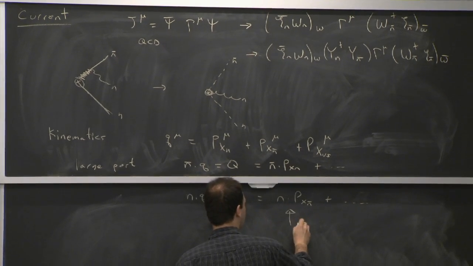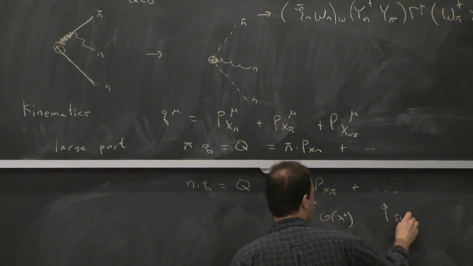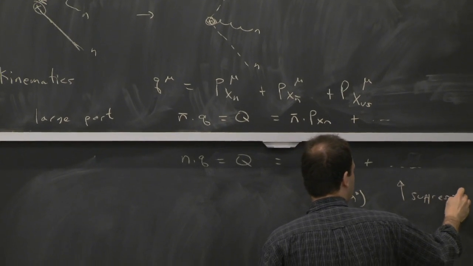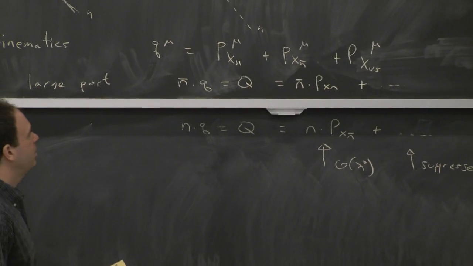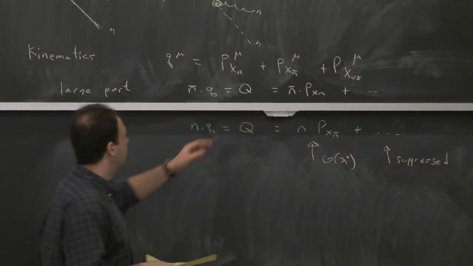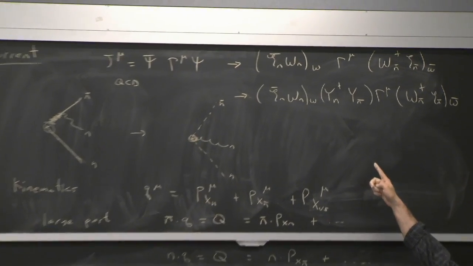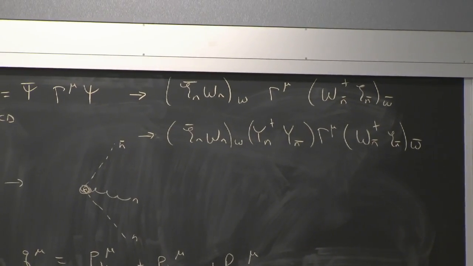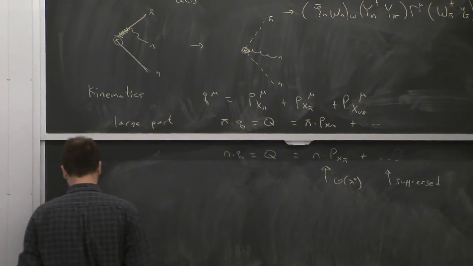So these guys here are leading order in the power counting, and these guys are suppressed. What happens is, like in the example we talked about when we were doing b to s gamma, we have these labels omega and omega bar on our collinear fields up there. They just get fixed to the q's by momentum conservation.